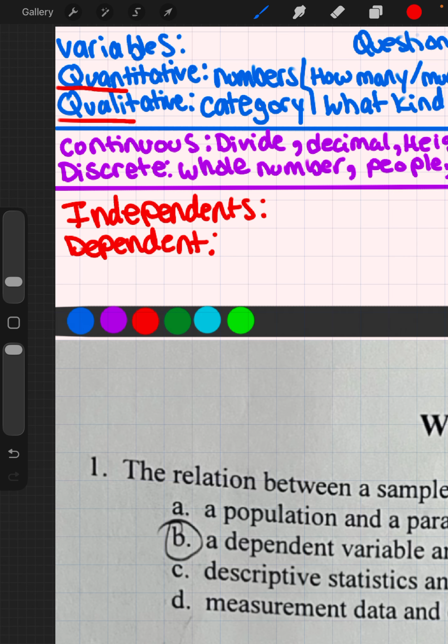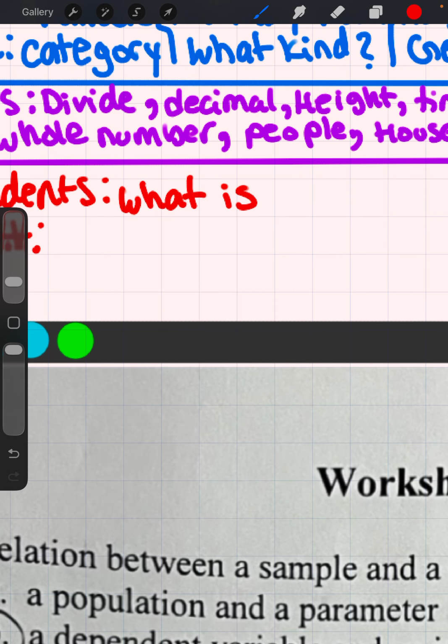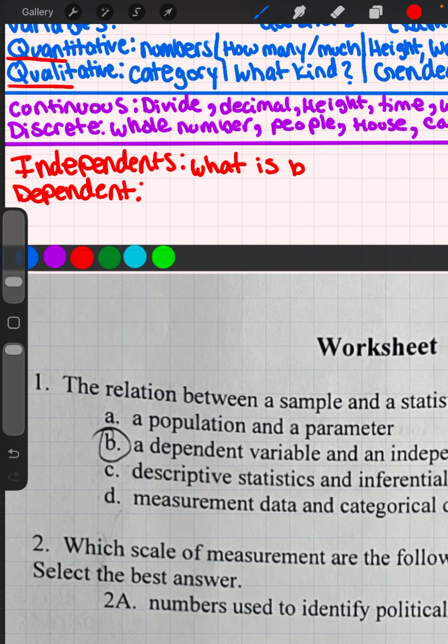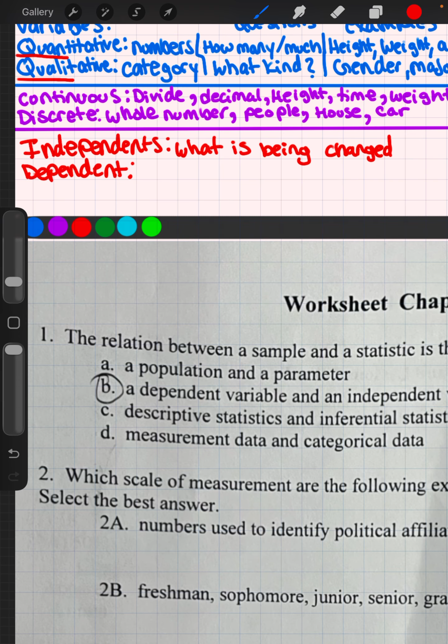So independent, the question is going to be, what is being changed? And then dependent is what is being measured. And a good way is that independent always affects dependent.